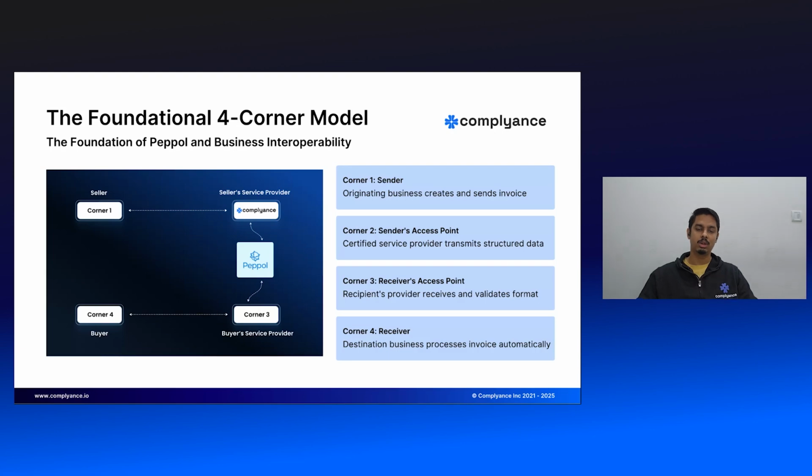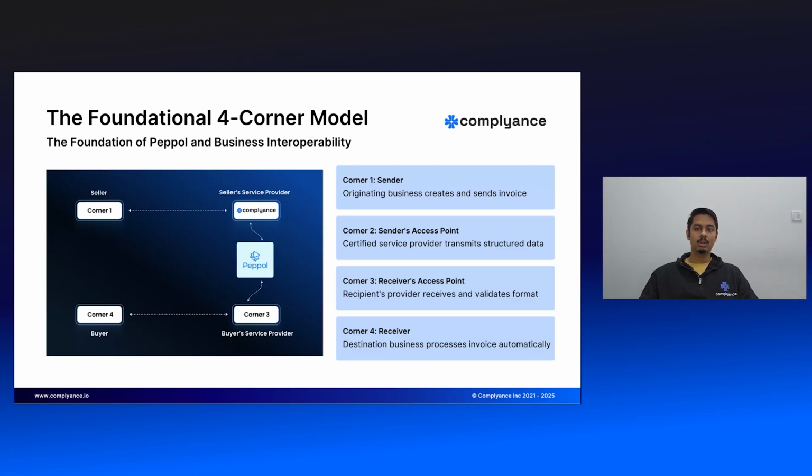The sender generates and issues the invoice, and the invoice data is sent to the sender's service provider or access point. This access point receives the data and converts it into a standard PEPPOL format, like PEPPOL BIS 3.0 or any other format used in that country, and then sends this structured data through the PEPPOL network to the receiver's access point or service provider.